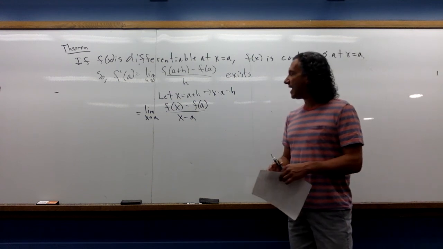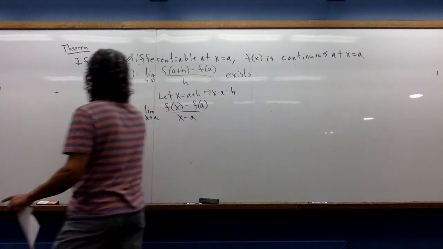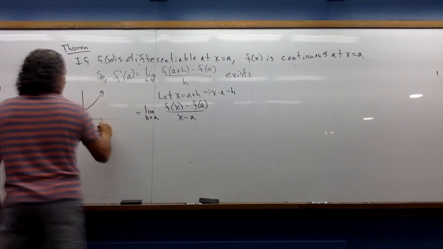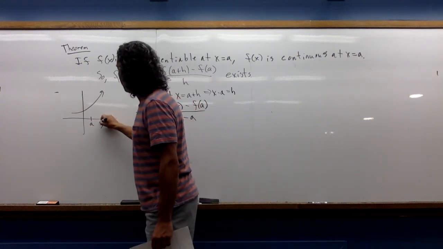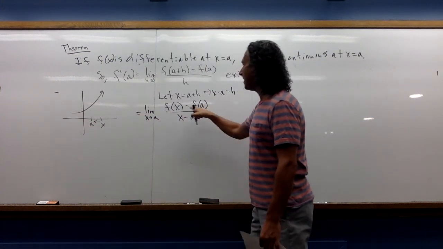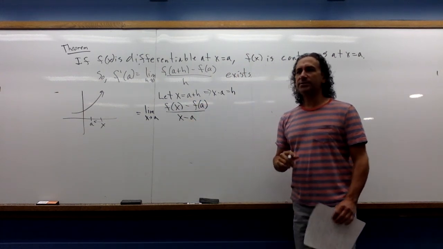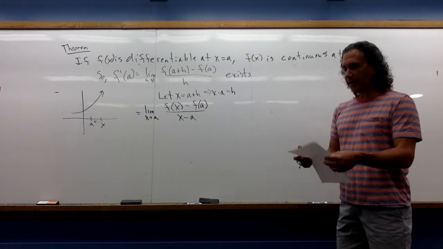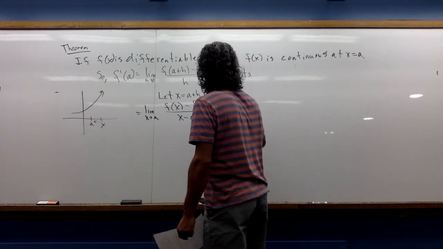And hopefully it makes sense because we're literally saying, here's my fixed a, x is getting closer and closer to a, and I'm literally just taking the change in y over the change in x. Okay, so it's another way of expressing it. So we're going to need that. This thing exists. This thing is a number.